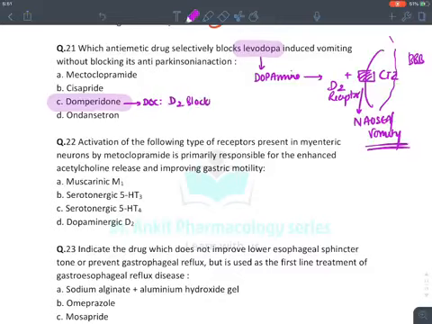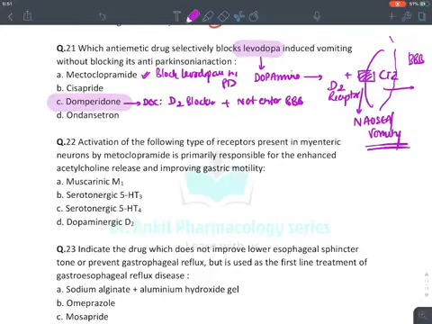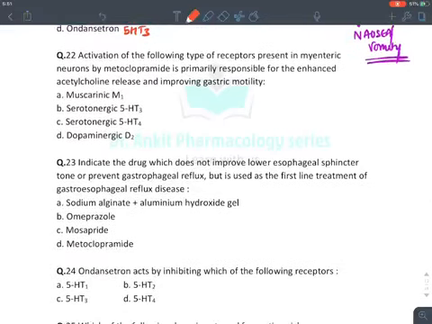Domperidone is the drug of choice because it is a D2 blocker and it does not enter the blood-brain barrier. If it entered the blood-brain barrier, don't you think it would reduce the effect of levodopa in treating Parkinson disease? Metoclopramide can also block, but it can block the levodopa effect in Parkinson's disease because it will enter the brain. Cisapride has action on 5-HT4, ondansetron has action on 5-HT3. They don't have any relation with dopamine.